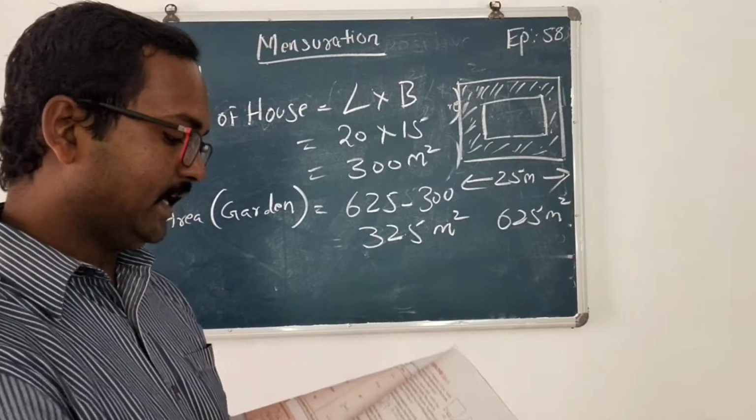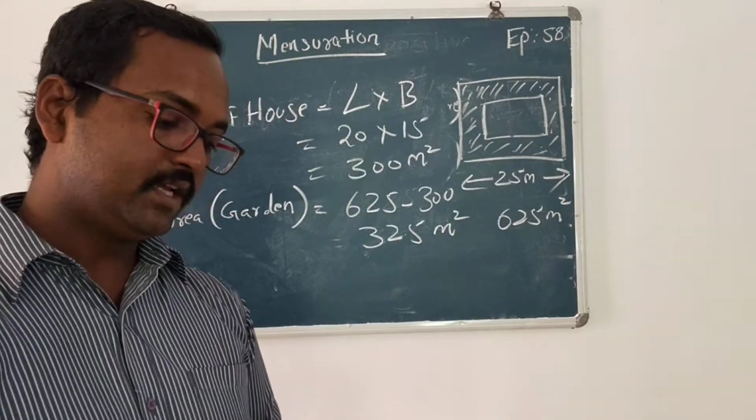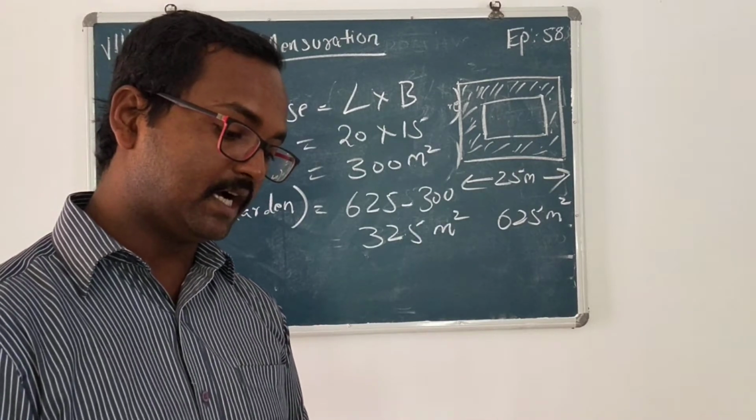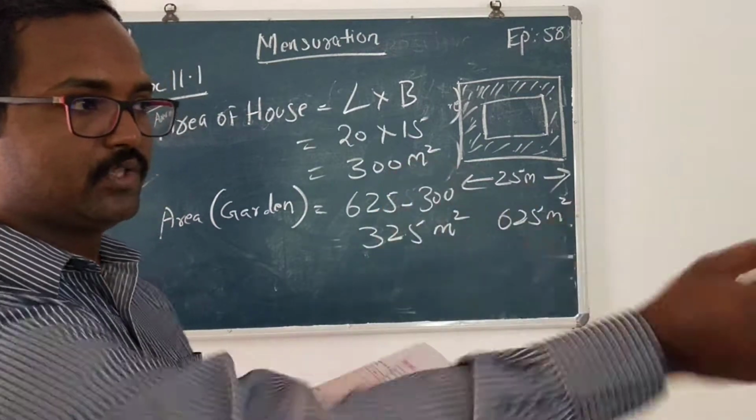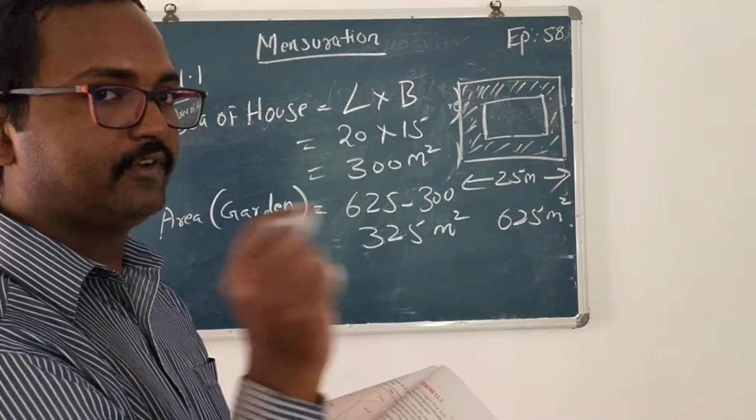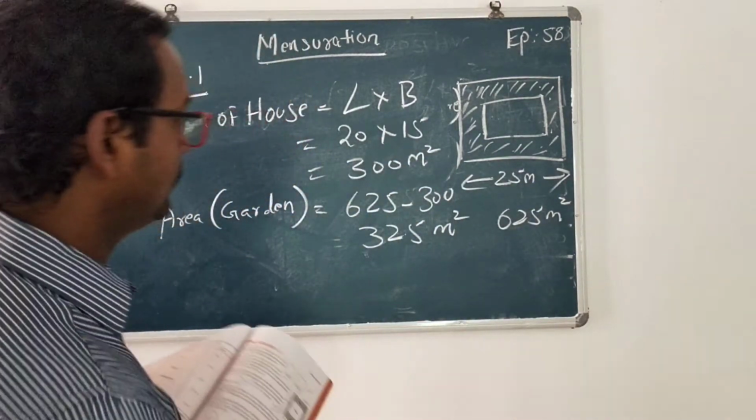Okay, now it is said, find the total cost of developing a garden around the house at the rate of 55 per meter square, which means the cost of 1 meter square is 55 rupees.